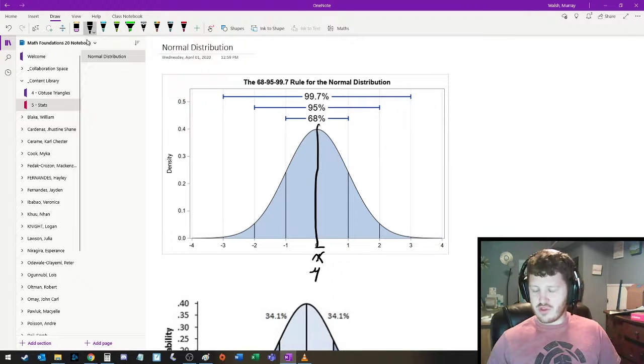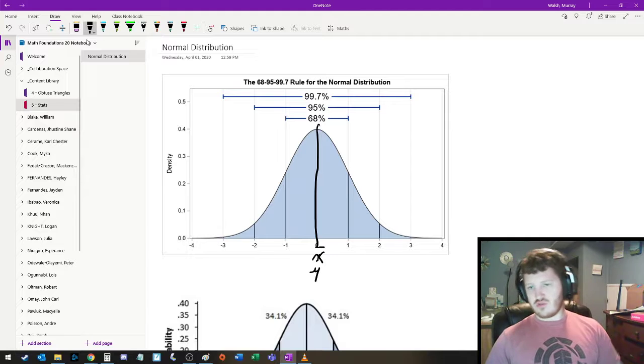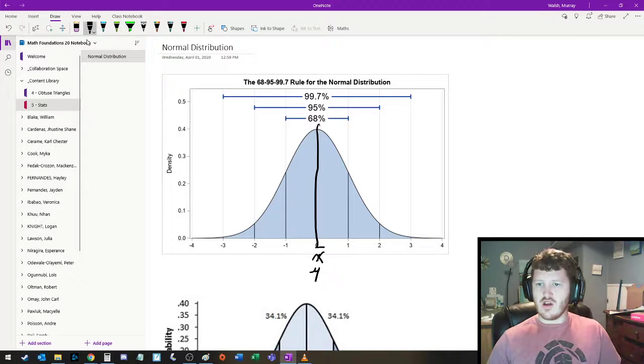When they came up with this number, the standard deviation, which was an invented product, very, very frequently, 68% of the data was within one standard deviation, either above or below. 95% of the data was within two standard deviations above or below, and 99.7% of data is almost always within 3 standard deviations of the average.